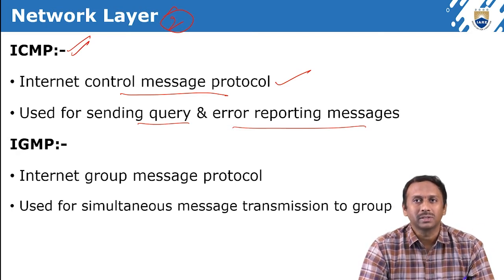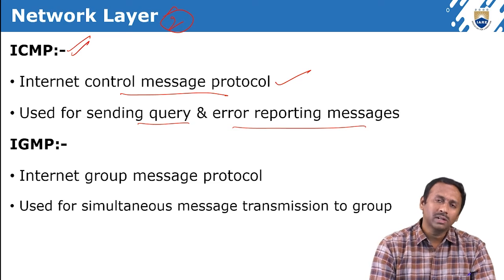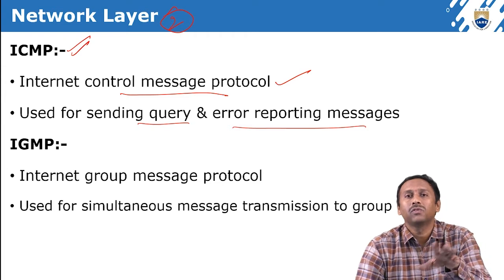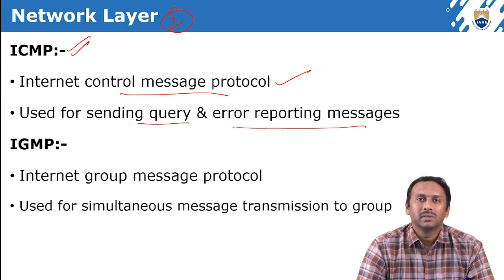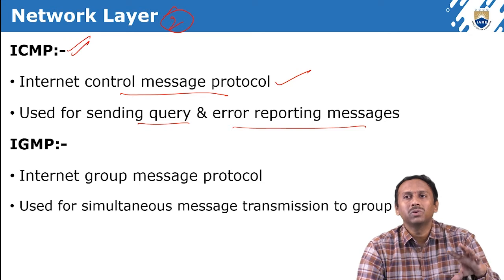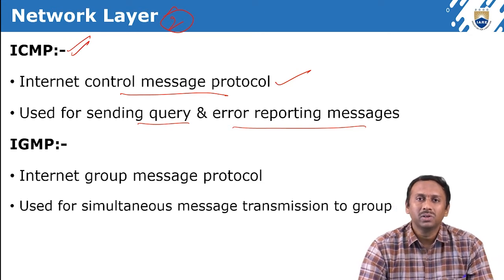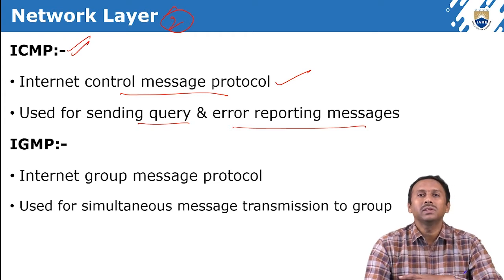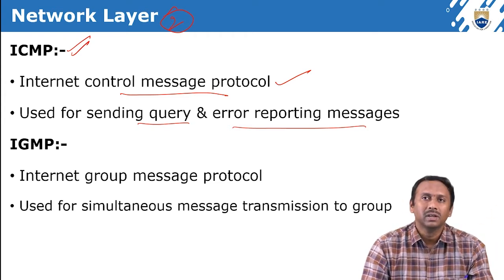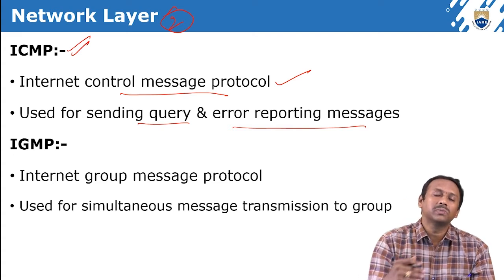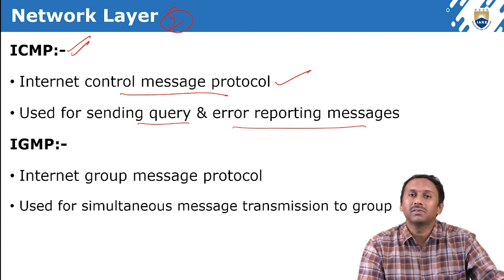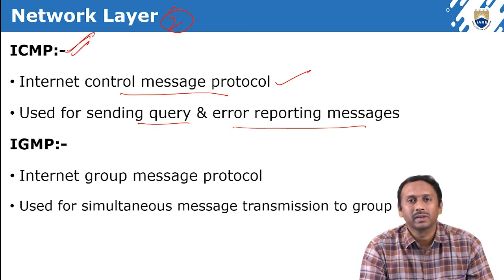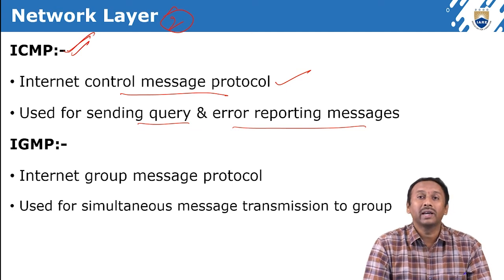If any user is sending some queries or error reporting messages, it means they are performing some operations in the system, and if they are not able to perform the operation successfully due to some errors, those errors are sent to the servers. These error messages are transmitted from the source system to the server. This can happen with the help of ICMP. Clear?